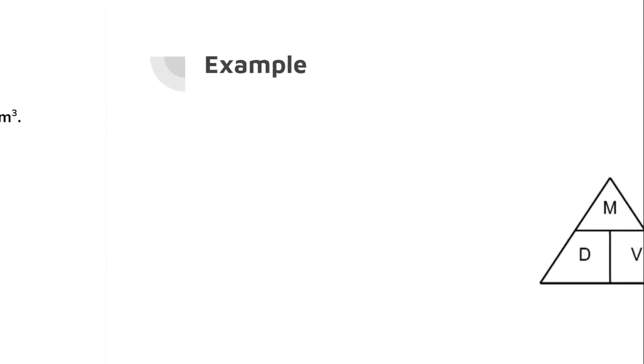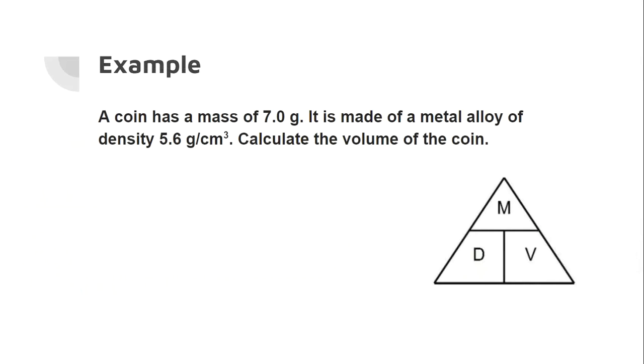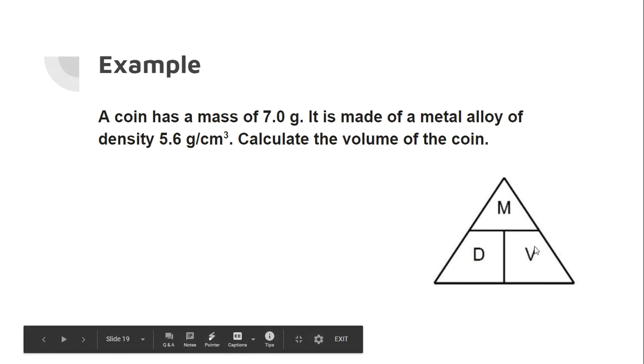Another example: a coin has a mass of 7 grams. It's made of a metal alloy of density 5.6 grams per cubic centimeter. Calculate the volume of the coin. Here we are given the mass and the density, so we need to calculate the volume.